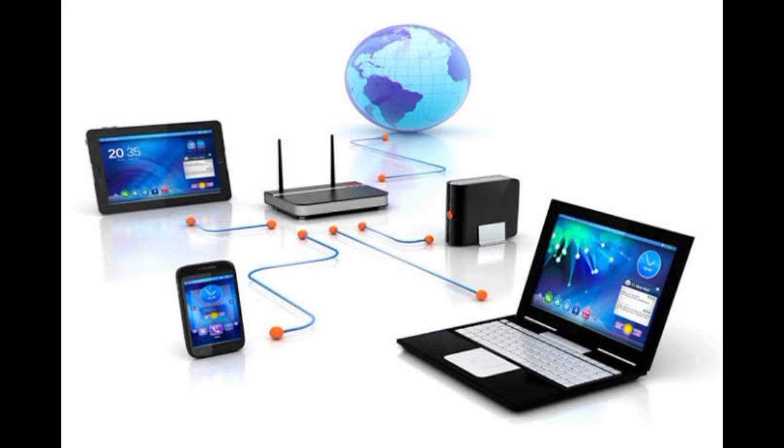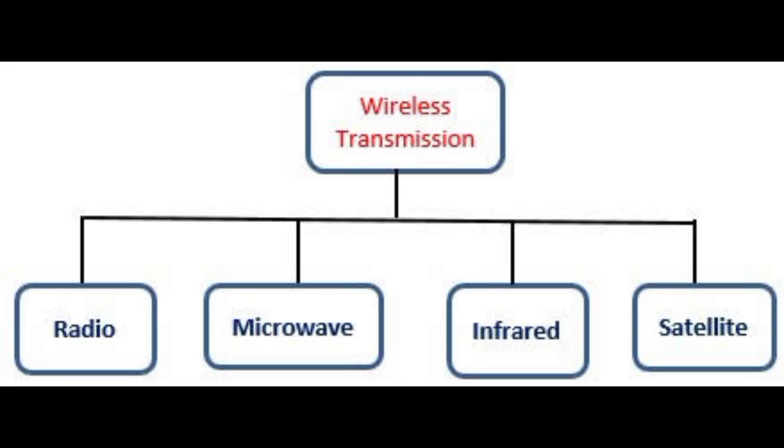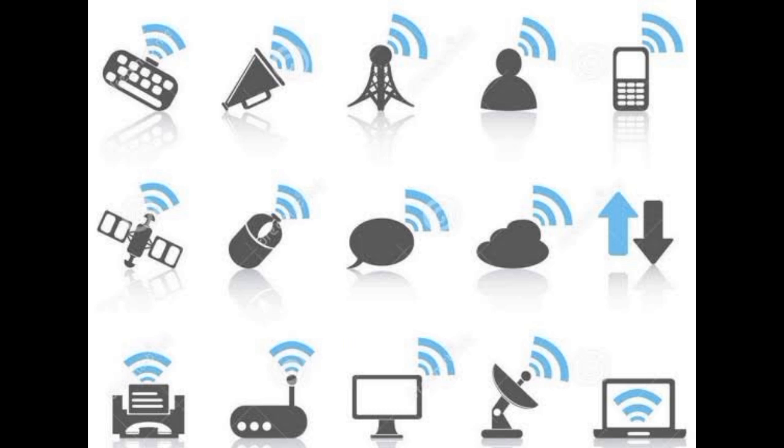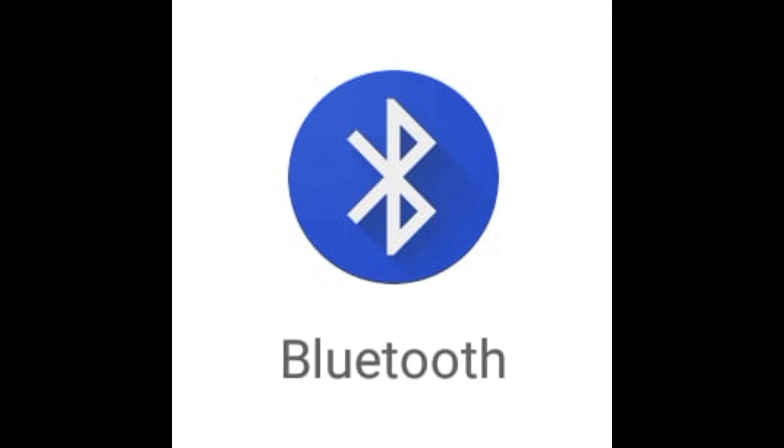The most common wireless technologies use radio waves. Wireless media carry electromagnetic signals that represent the binary digits of data communications using radio or microwave frequencies. Examples of wireless media: Bluetooth, Wi-Fi, short for wireless fidelity, and satellite.